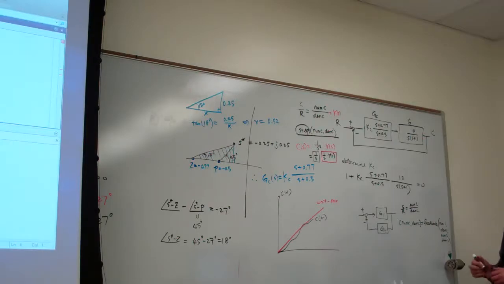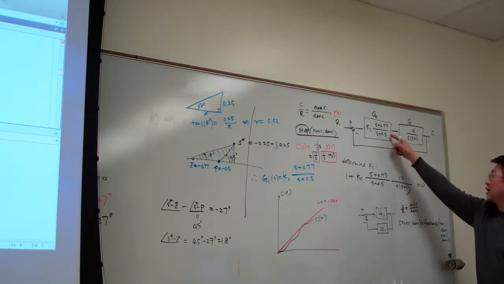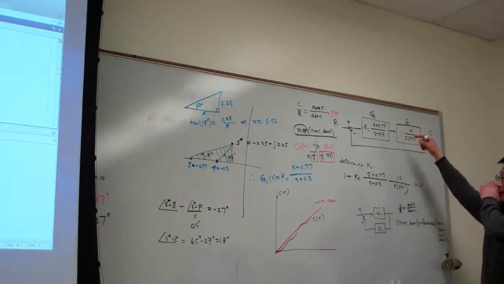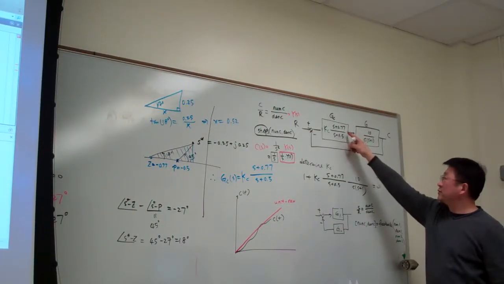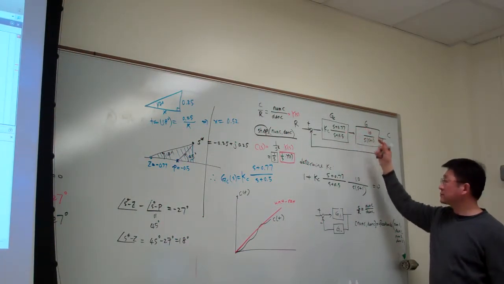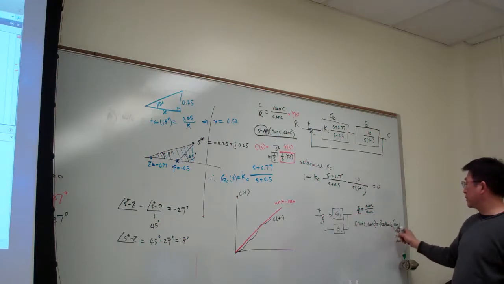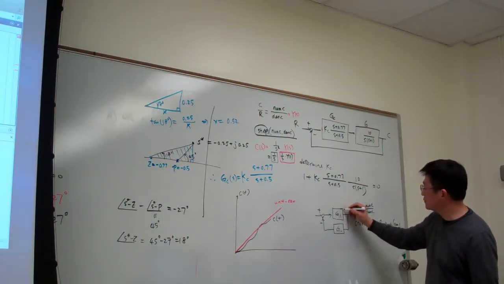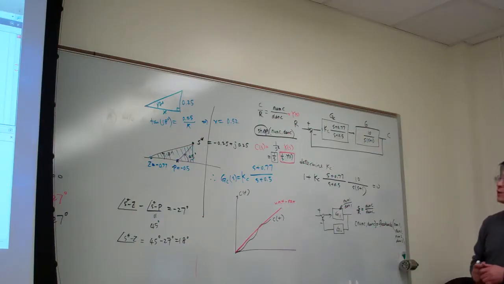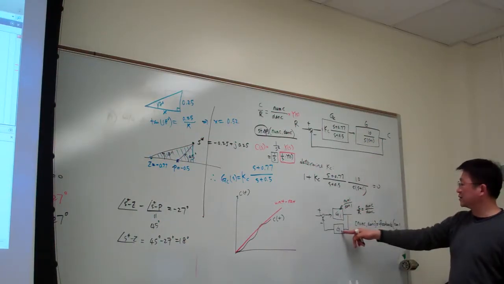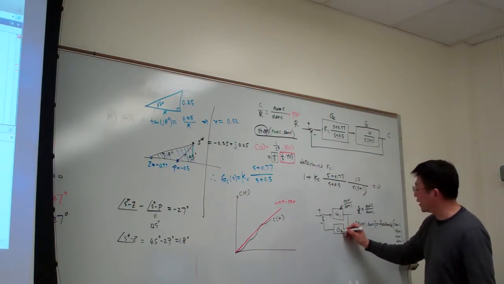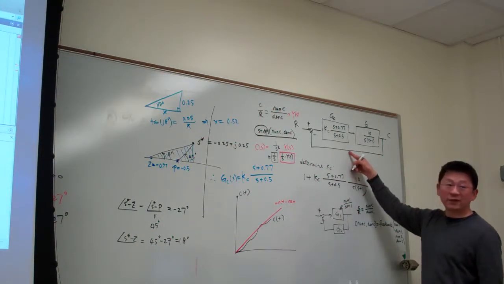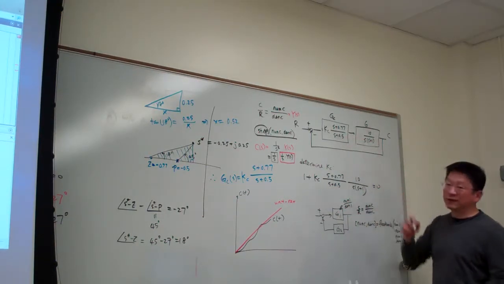So I'm going to do it here. For this system, you can see G2 is equal to 1 over 1, because that's a unit feedback, and then we work on G1.